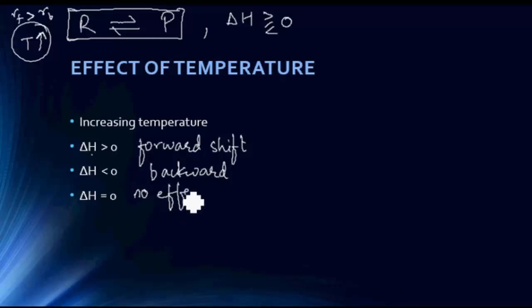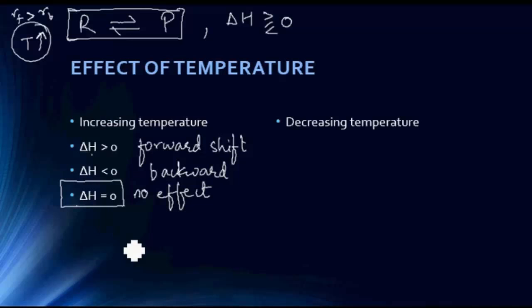So increasing temperature will have no effect on a reaction for which delta H is equal to 0. Likewise, if we decrease the reaction temperature, then all the analysis that we just studied will be opposite.